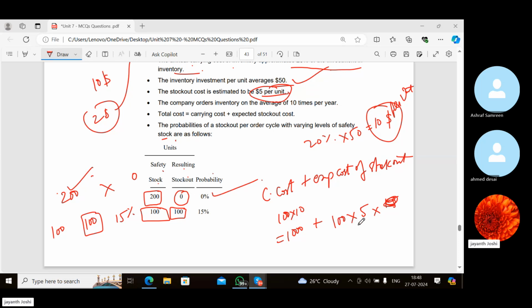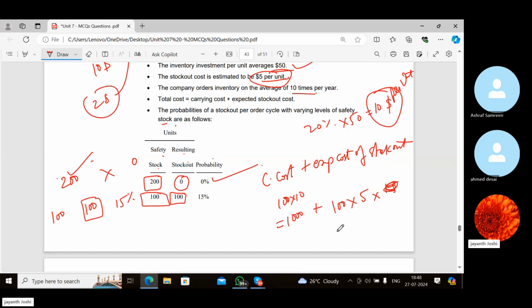So the stock out cost is $500 for every stock out, and 10 times per year they order. So 10 times into 15% chance of stock out, so 1.5 orders. So we will do one thing: 500 into 1.5.